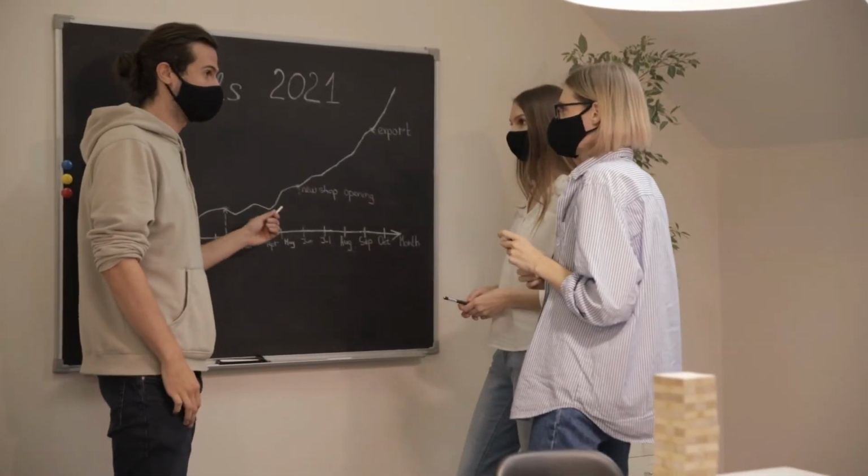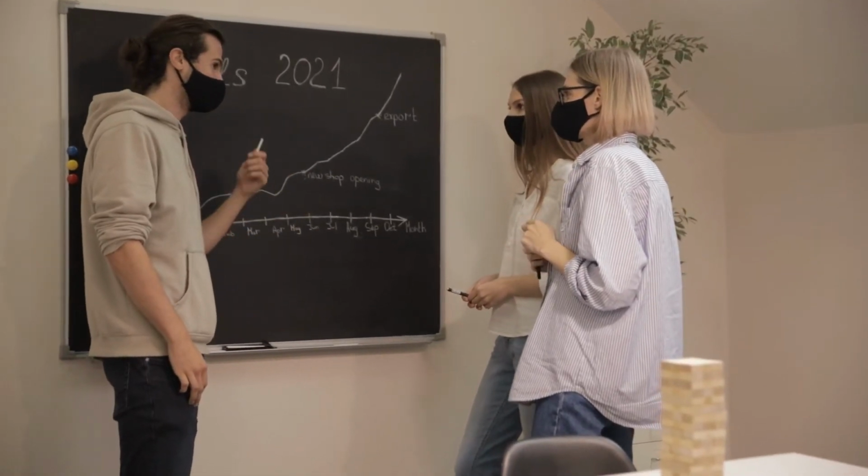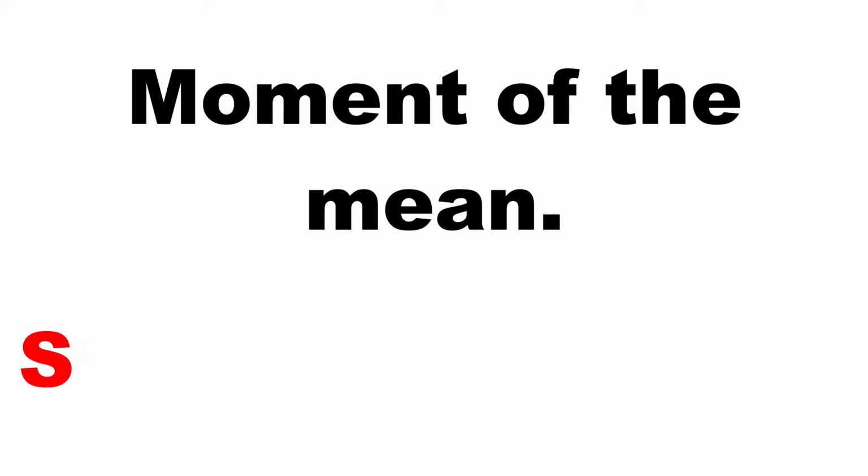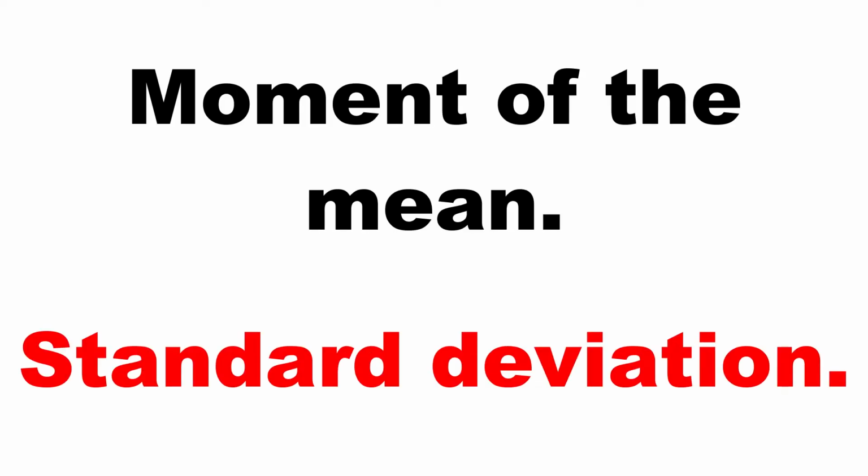When it comes to the momental skewness, we are going to be using the concept of the moment about the mean and the standard deviation to get the skewness coefficient of a distribution.